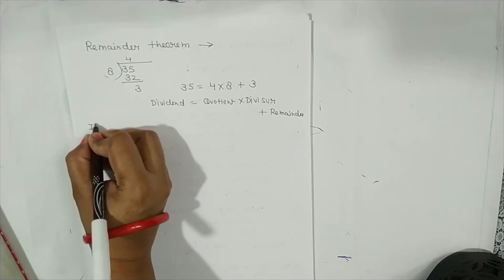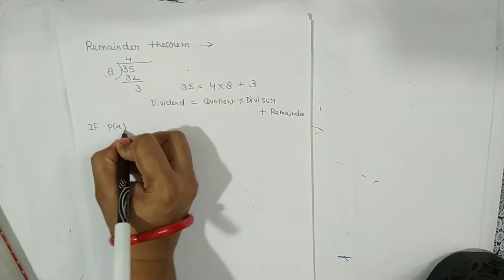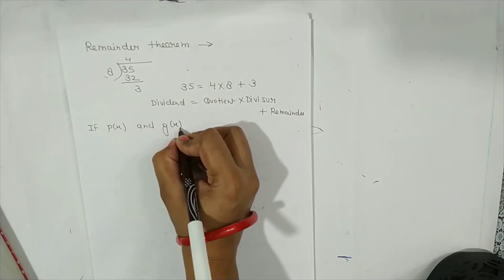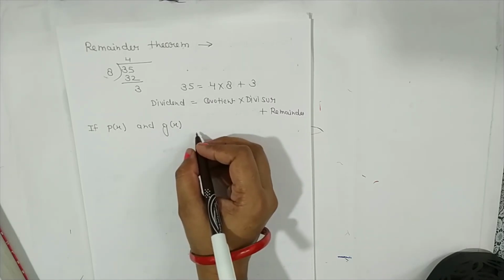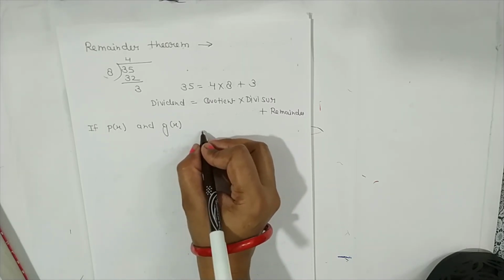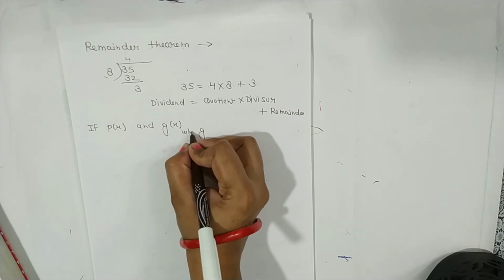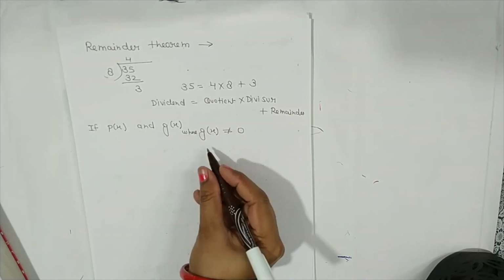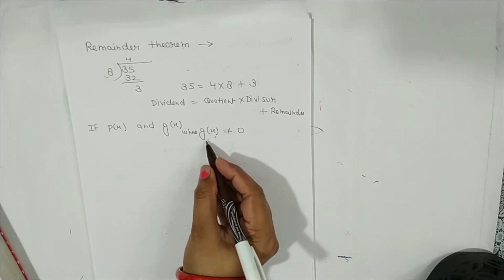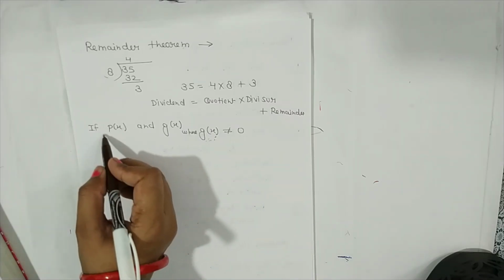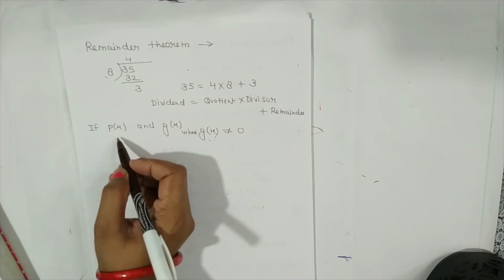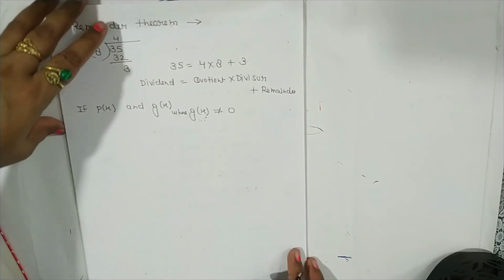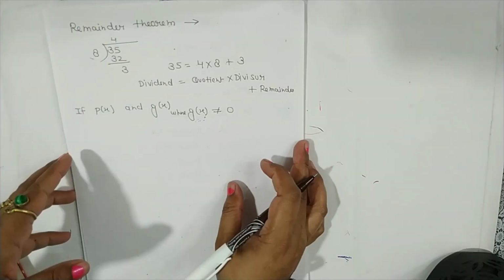Now suppose I am taking two polynomials, p of x and g of x, where g of x is not equal to 0, and the degree of g of x is not greater than the degree of p of x. Let's say another two polynomials are q of x and r of x.